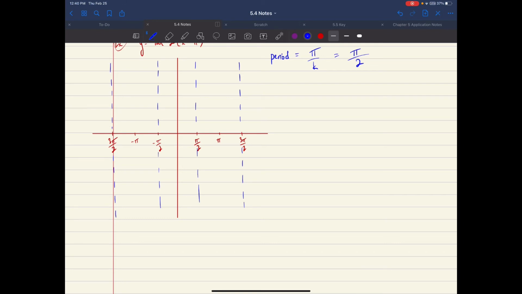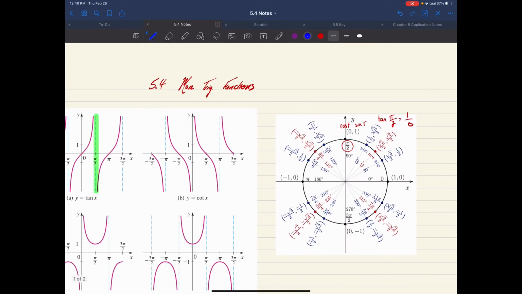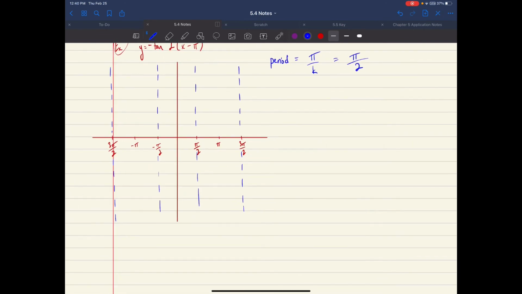What I'm going to graph right now is just tangent, so I'm going to ignore my function just to show you that. I'm going to draw my line there, and then that's just going to repeat. It looks kind of like a cubic. Okay, so that would be tangent of x.